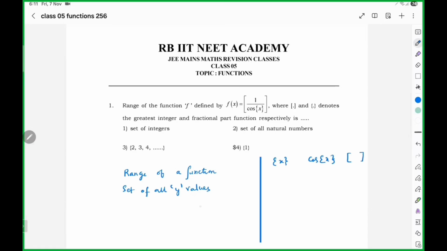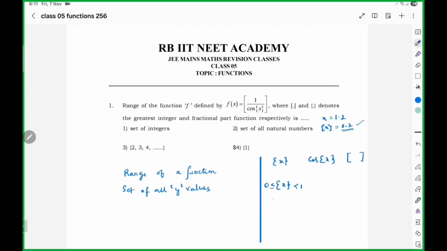Here the fractional part of x is nothing but, if you say x as 1.2, the fractional part of x is 0.2. That is a smaller number which lies between 0 and 1.